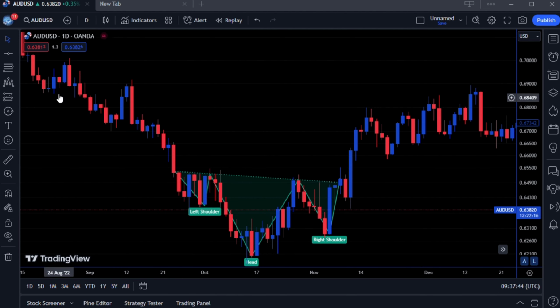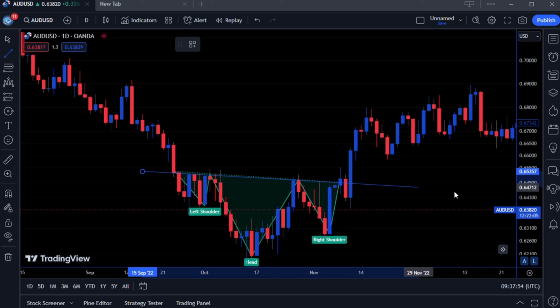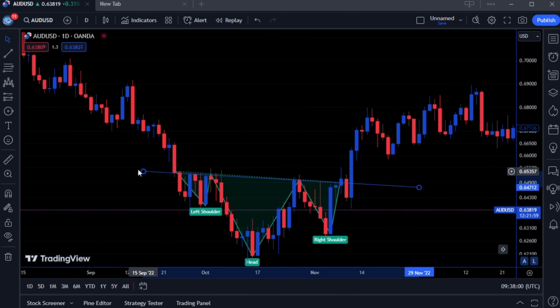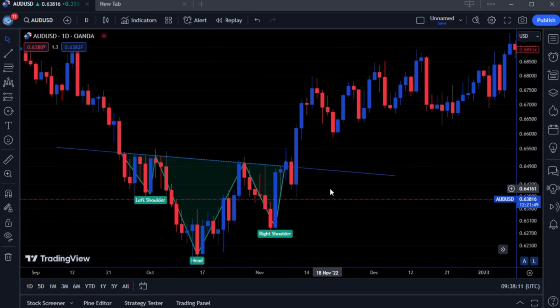Let's highlight the neckline. Remember, in the head and shoulder pattern, the focus is on the breakout of price at the neckline.